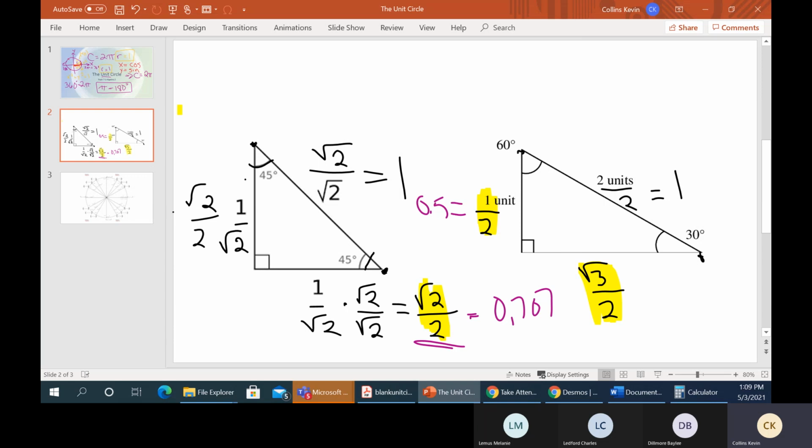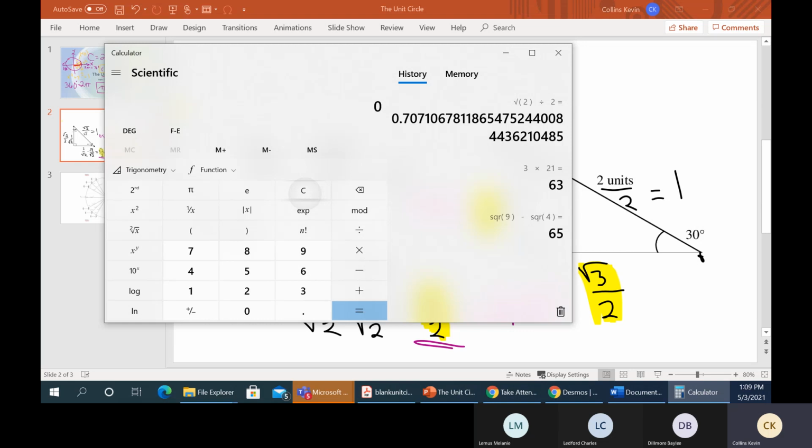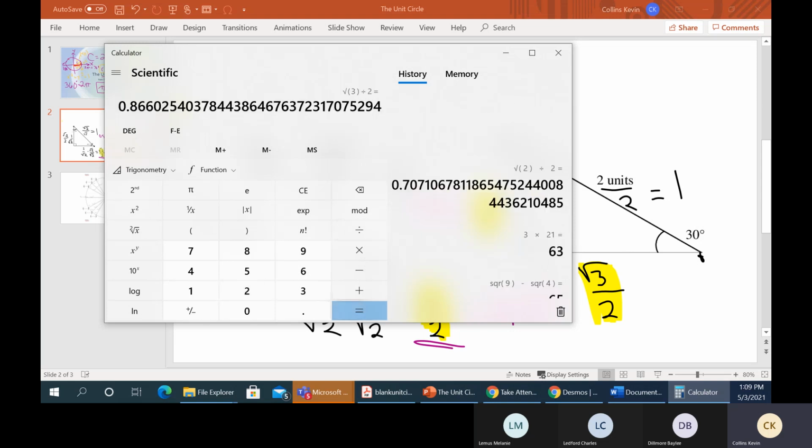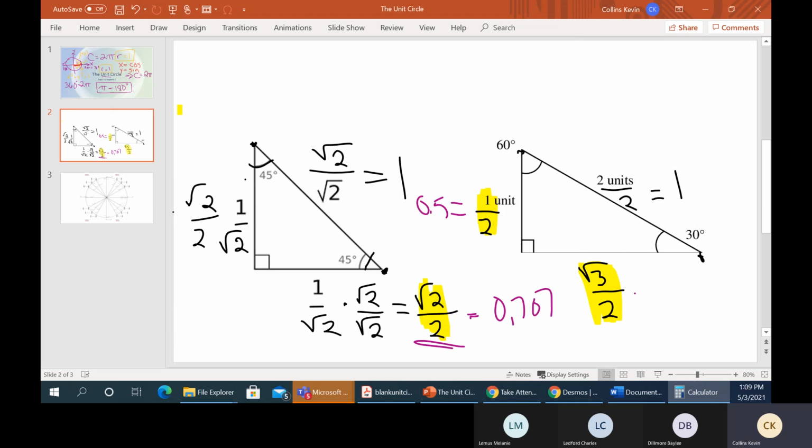All right, so we'll do the same thing with the other guy. Calculator city again. So this one, clear it out. We take 3, we square root it. We get 1.73, blah, blah, blah. We divide that by 2, square root of 3 over 2 is 0.866.